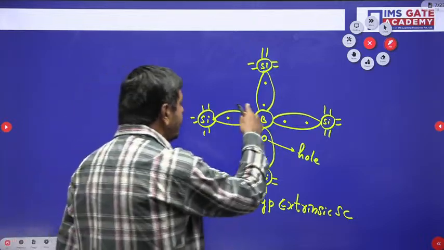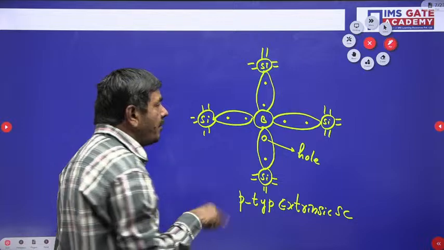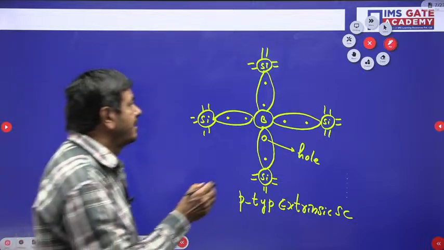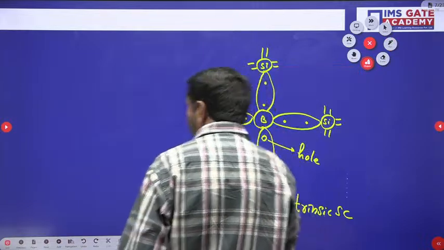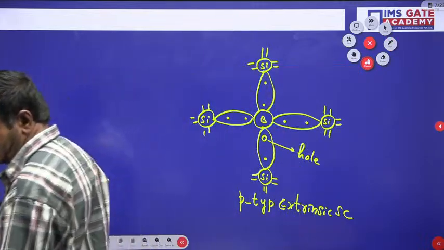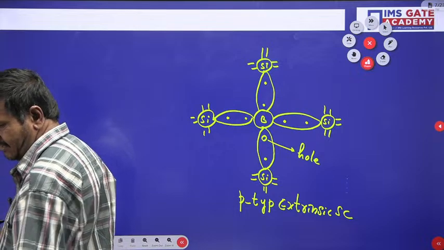This is the bond theory. But what about the band theory? How can we draw the energy band diagram for this? I can draw it like this. This can be plotted in this way. I will draw it now.